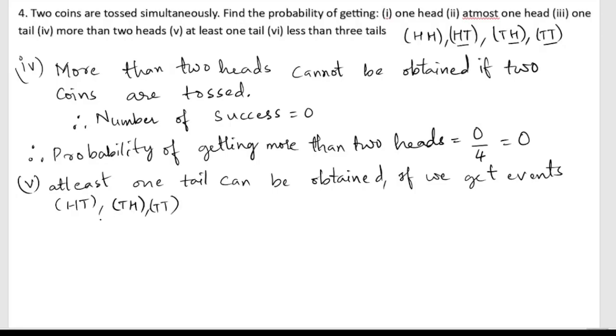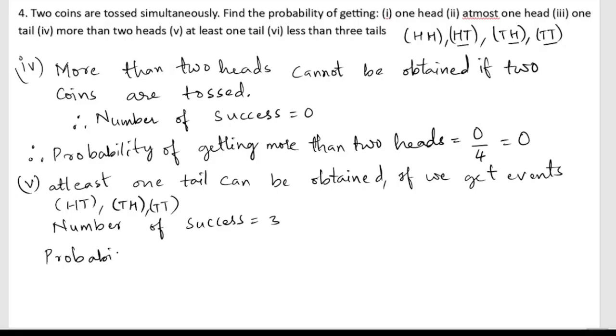If the events are like this, then we are getting the tails 3 times. So here we can write down the number of success equals 3.